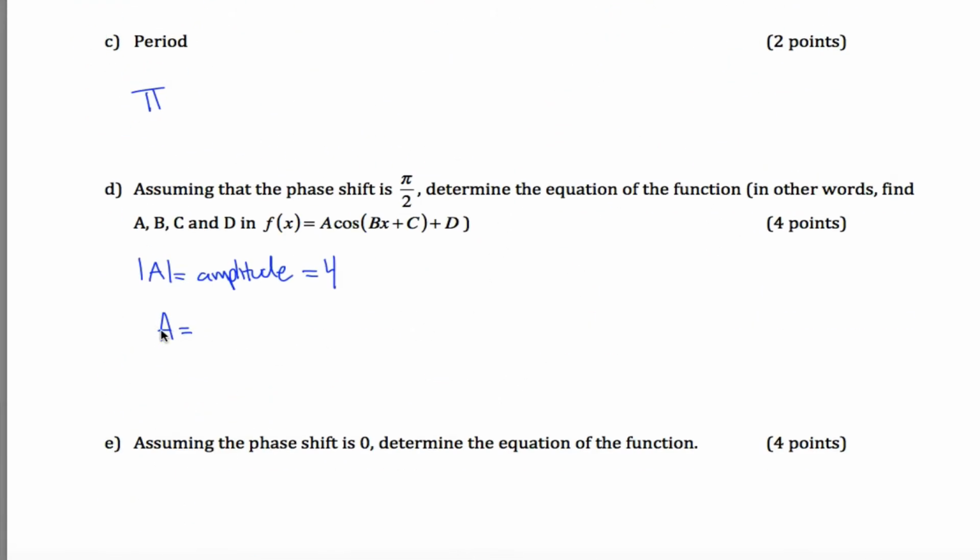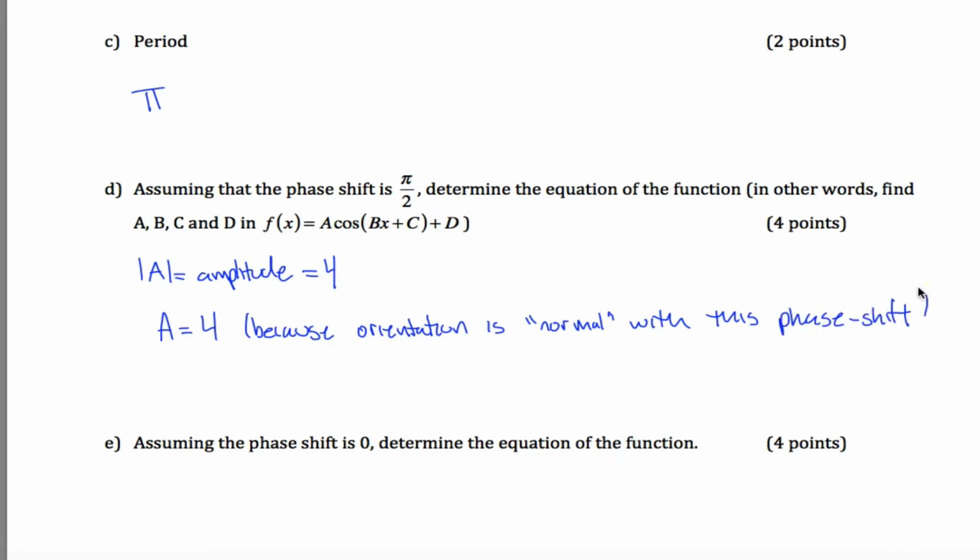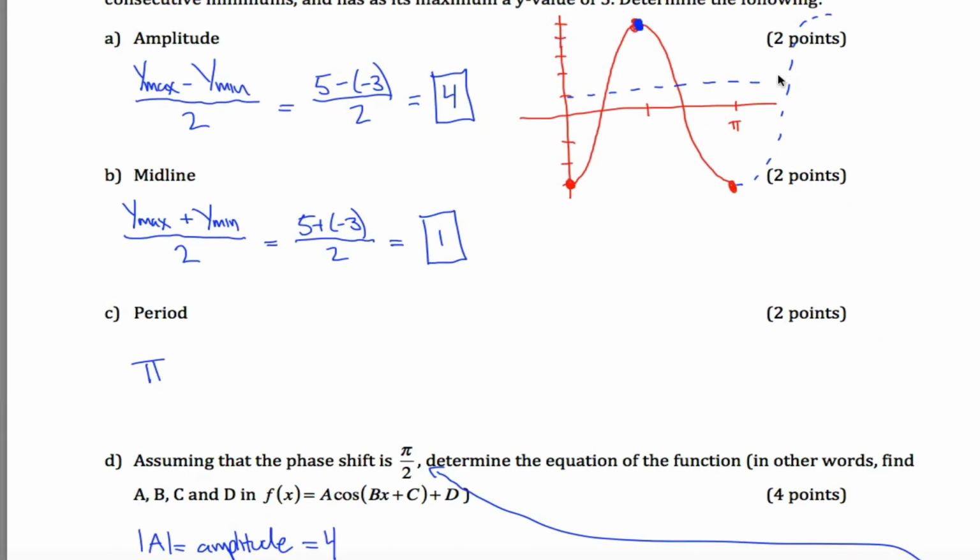So what that tells me is that a is +4, because the orientation is normal with this phase shift. And you can see that up here. If this is the starting spot, the orientation is normal.